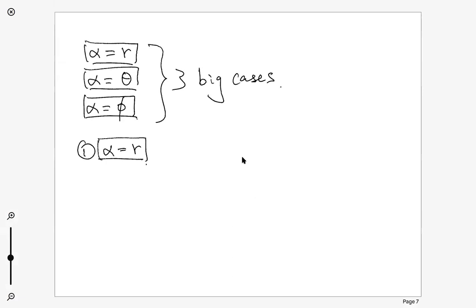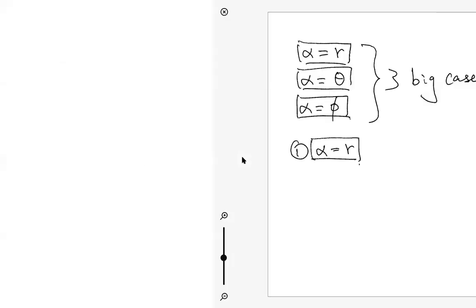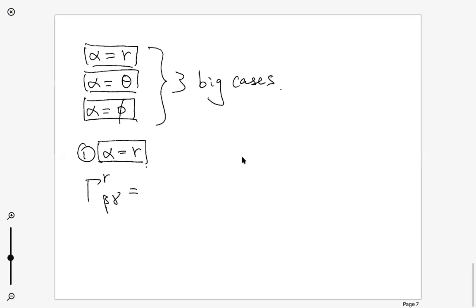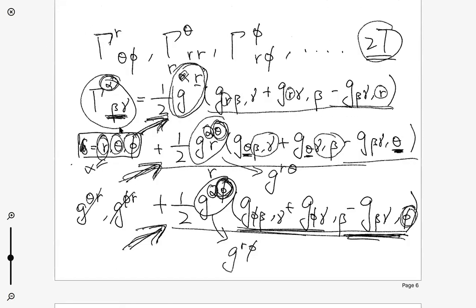When alpha is equal to r, what we would get is, okay, first the Christoffel symbol should read something like this. The first index alpha becomes r, right? And then we have the remaining beta and gamma. If we recall the formula here, we originally have big gamma and then alpha, beta, gamma. But because now we're considering the case of alpha being r, we have a small r here on the top.